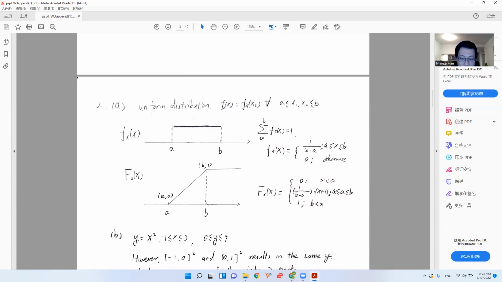The way I did it was plug b in here as x, so it's 1 over b minus a times b plus some constant, and that is equal to 1. So I can figure out that the constant is just 1 over b minus a. In the bracket, I can just say a +1 to represent that constant, and that's it.